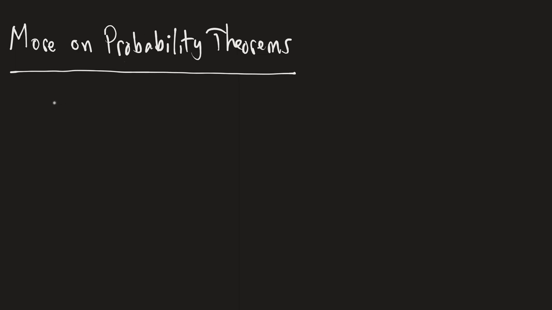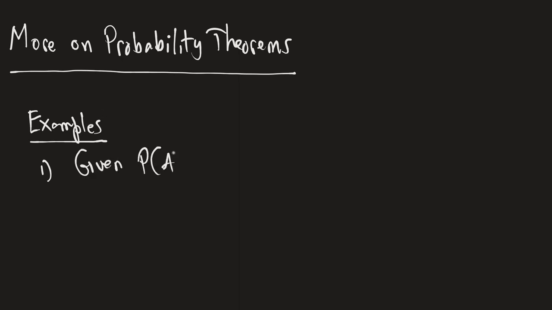So let's start with some examples. For the first one, I will just give some information about the events, and then we will apply the relevant theorem. So let's say we are given that the probability of A is 0.35.